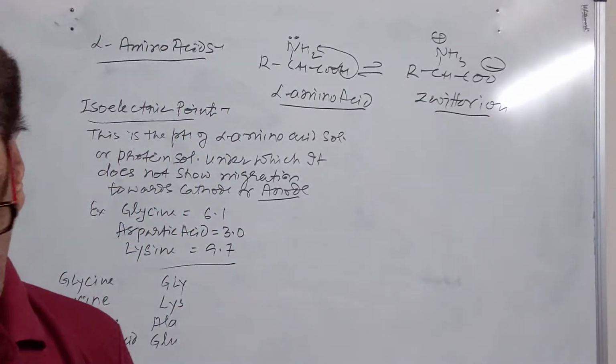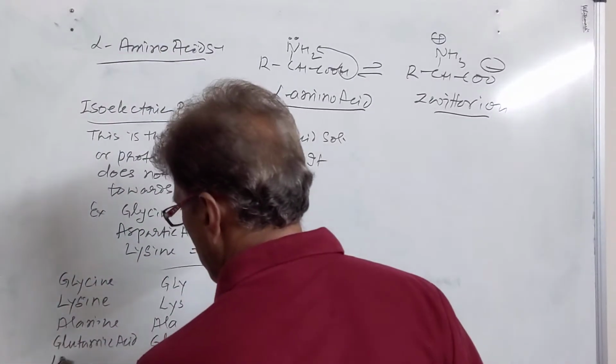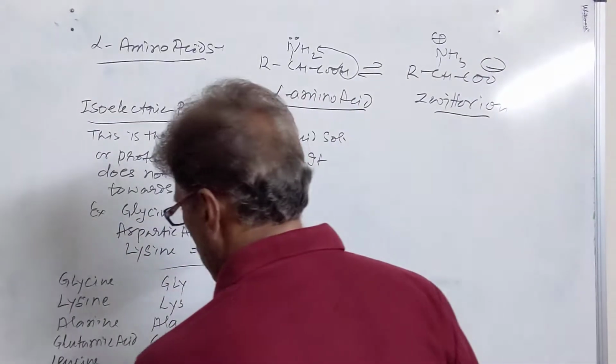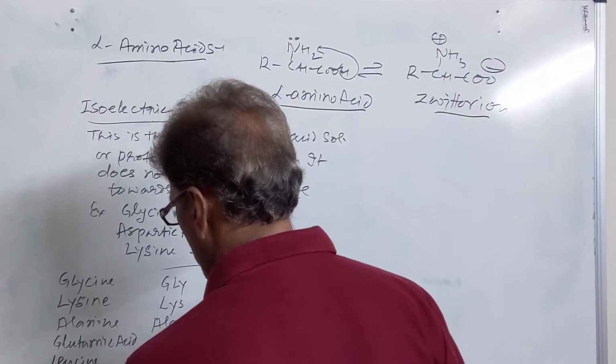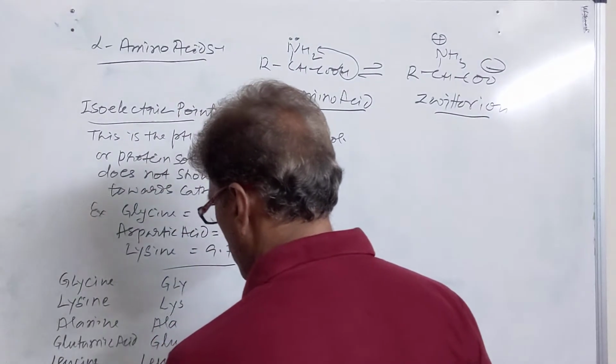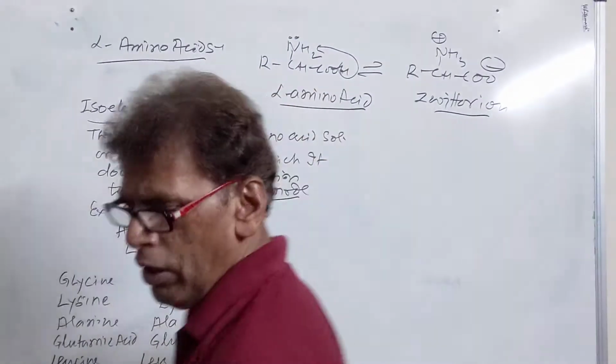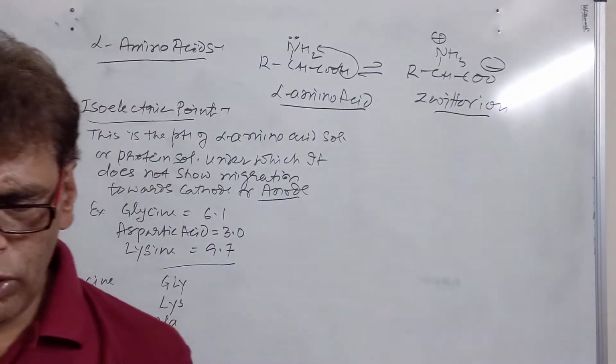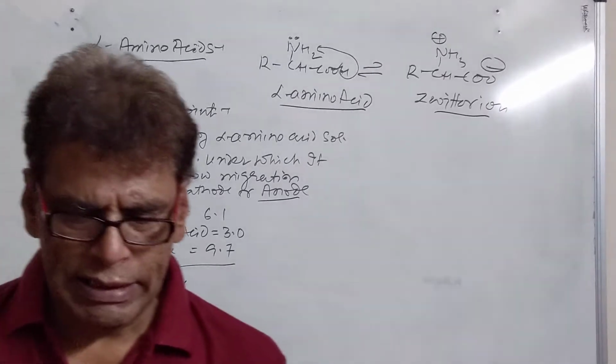Similarly, we have leucine, abbreviation is LEU, isoleucine, ILE. And then we have proline, abbreviation is PRO, phenylalanine, PHE.